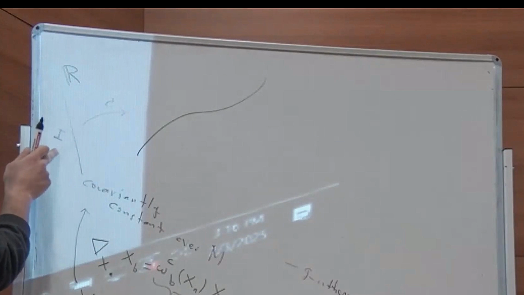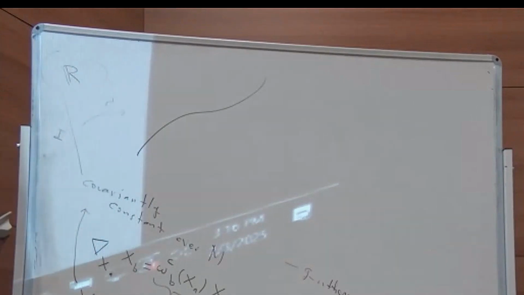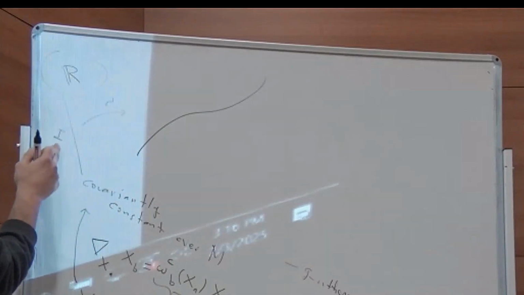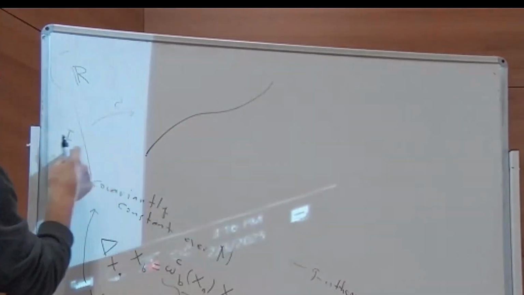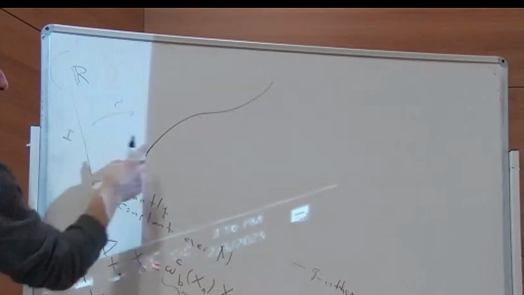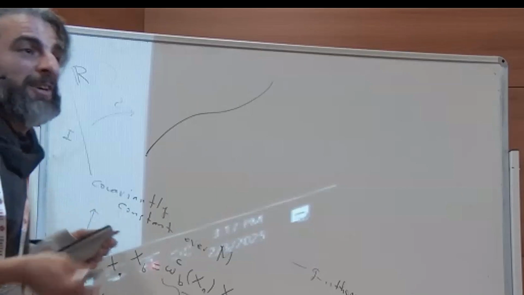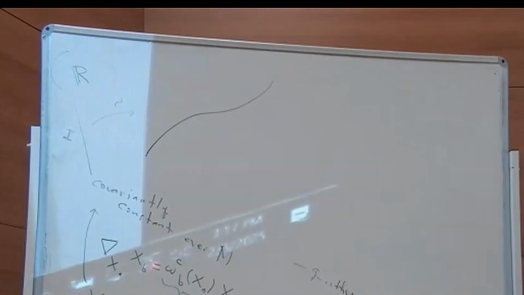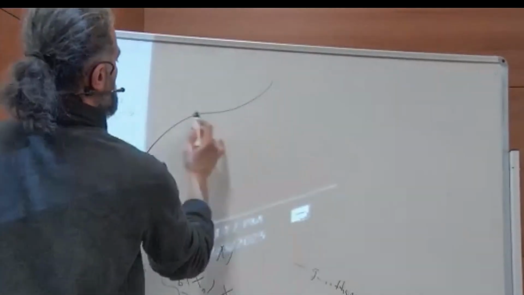It may be open or closed with respect to the usual topology on the real line. If it is a closed interval, then you fix the points. If it is an open interval, you can extend it as far as you can, so it will not be a compact curve.